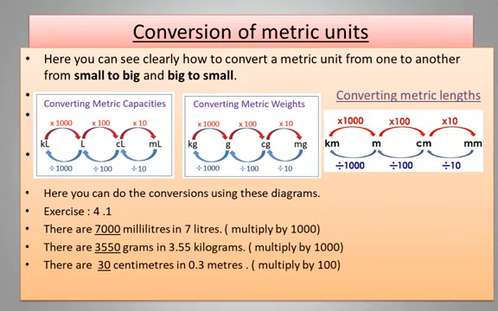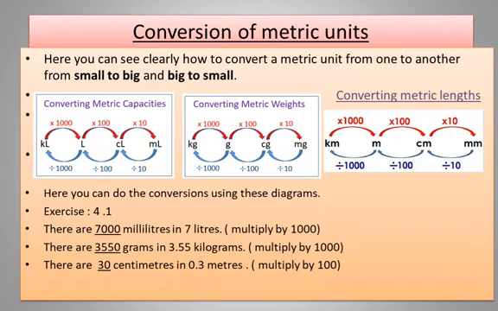Here I am going to explain the conversion of metric units using the diagrams shown on the slide. There are three different diagrams, showing the conversion of metric units of capacity, weight, and length.